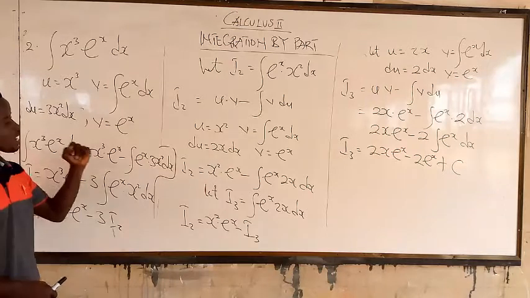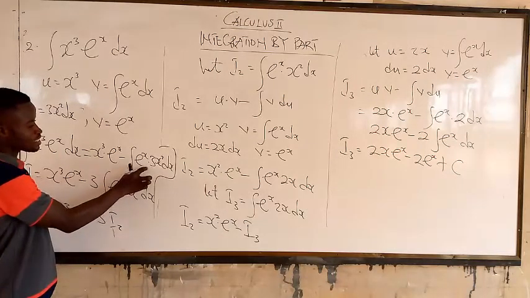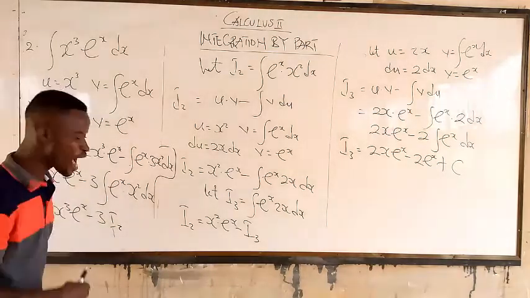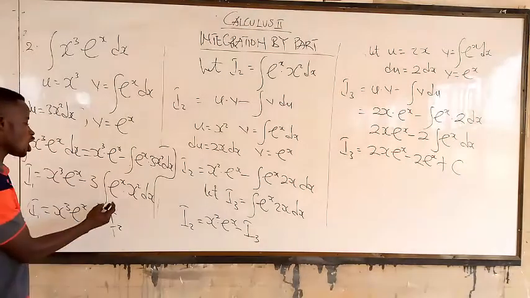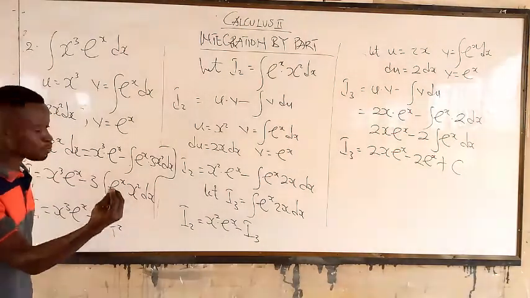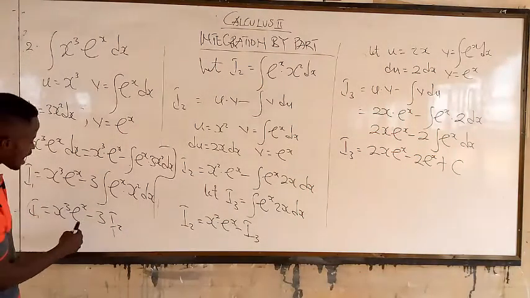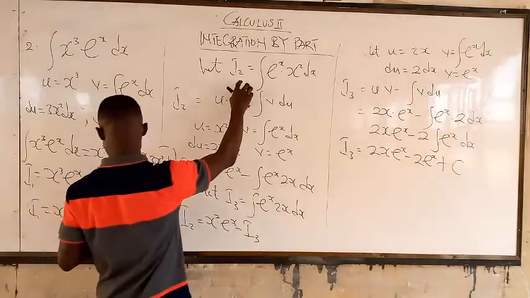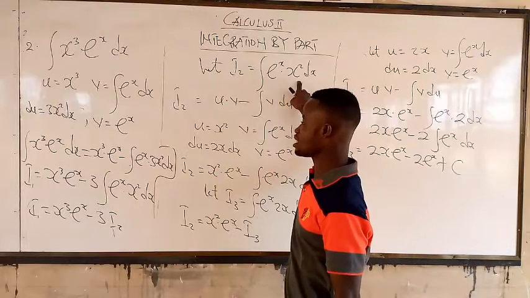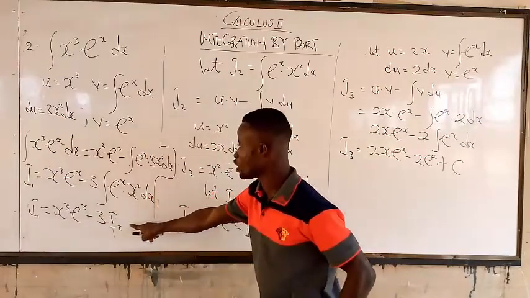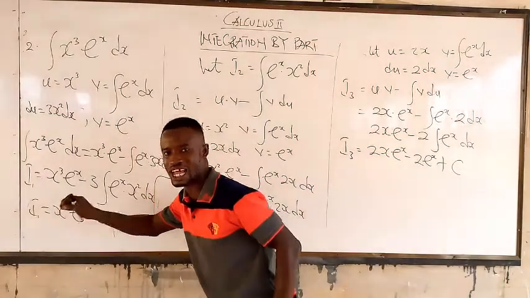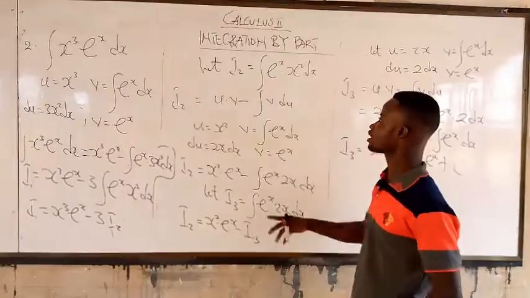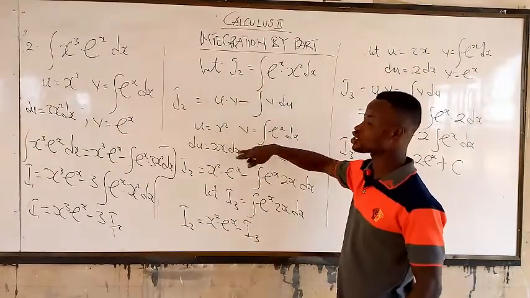But here, we realize that this one repeated here is another integration by parts that we can apply, because it's two functions being multiplied. And for that matter, we said let's represent it by I2. So we let this be equal to I2. That means that I1, the original integral, is just going to be this multiplied by I2. And we integrate I2 by integration by parts.